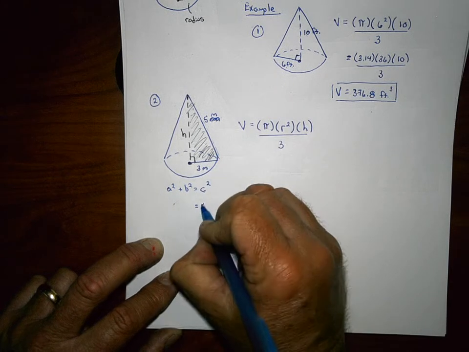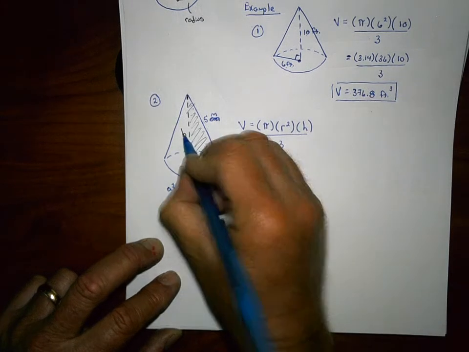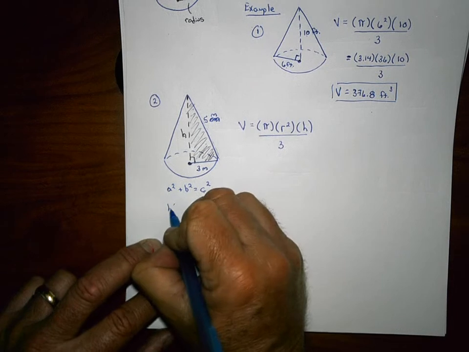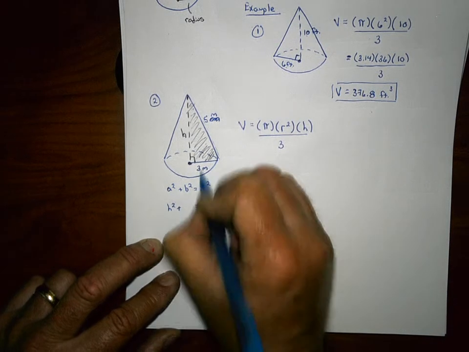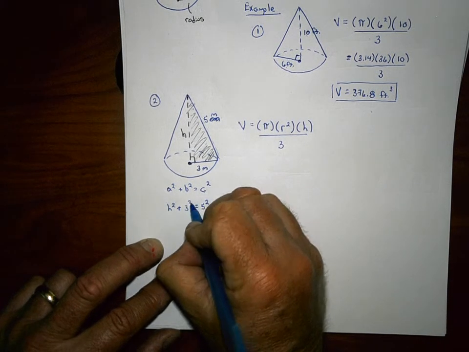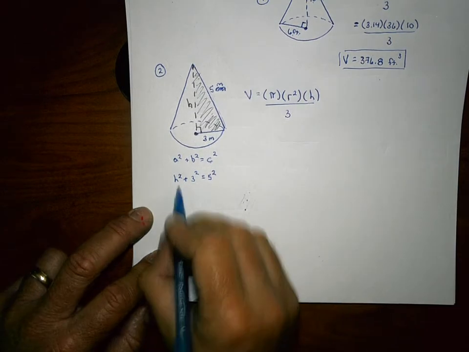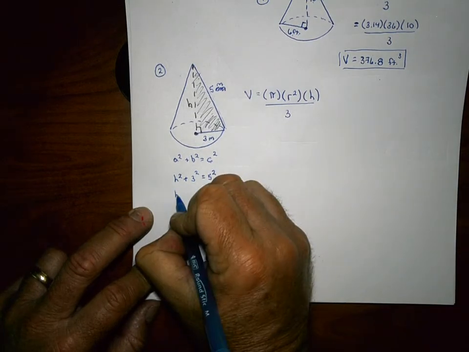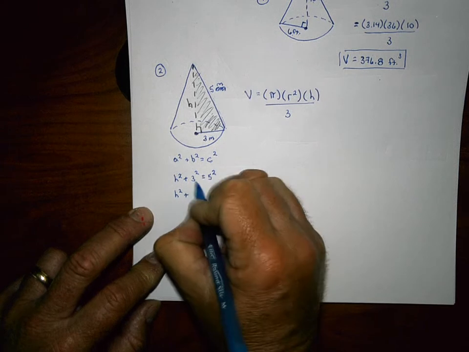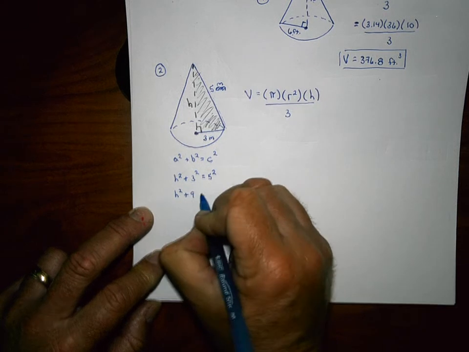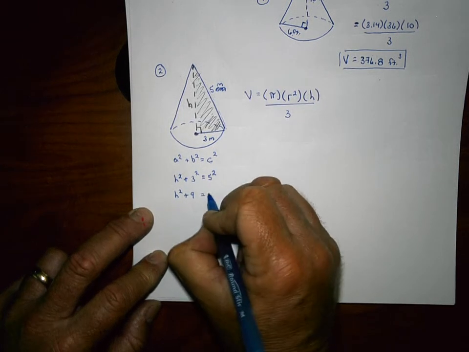So I'm going to make a be h, and b be 3. Using the Pythagorean Theorem, I get h squared plus 3 squared is equal to 5 squared, and I'm going to simplify this out and solve it. So h squared stays h squared, 3 squared simplifies to 9, equals 5 squared simplifies to 25.